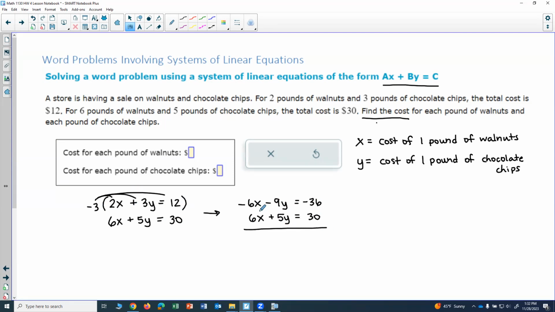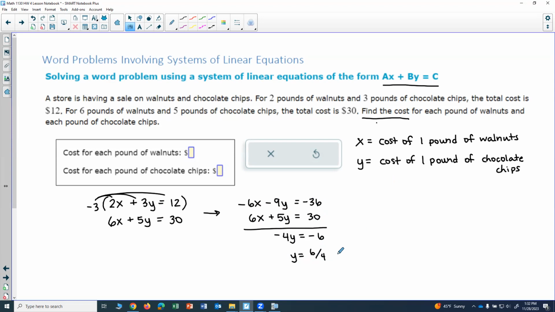Add them together, the x's cancel. -9y plus 5y equals -4y. -36 plus 30 gives me a -6. So y equals 6/4. Now I'm talking about a cost, so I don't necessarily want a fraction.